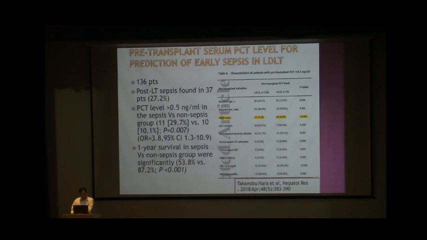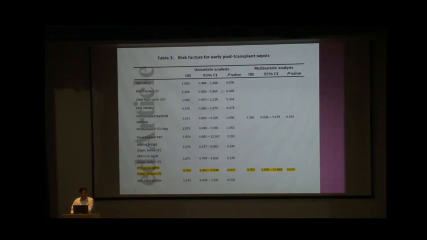In univariate analysis, MELD score, pre-transplant ICU admission, pre-transplant RRT and WBC count were all significant. However, the multivariate analysis revealed the procalcitonin level, with a high odds ratio, as the predictive factor of sepsis.